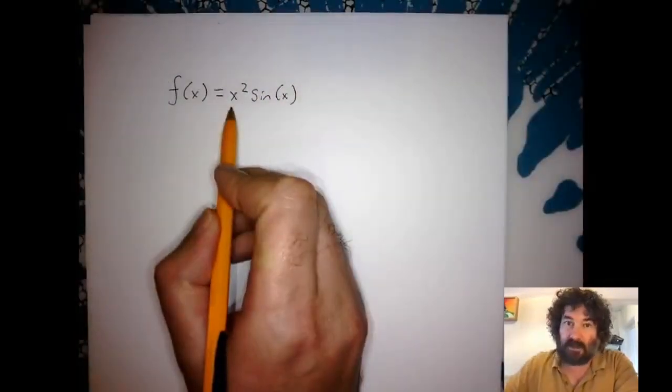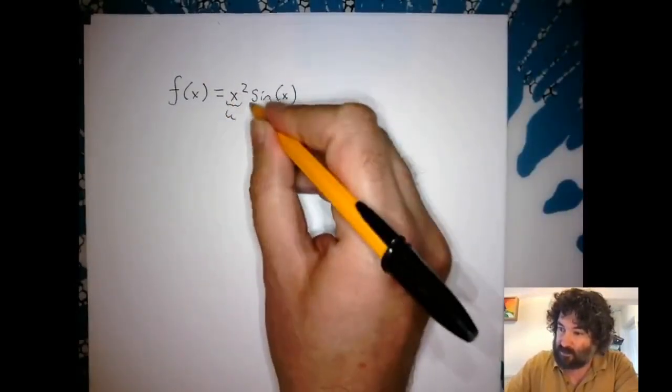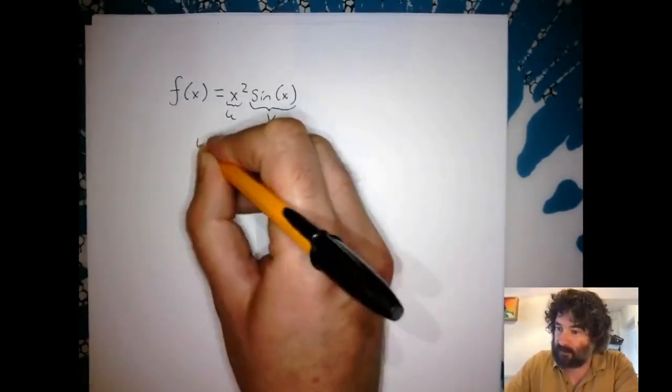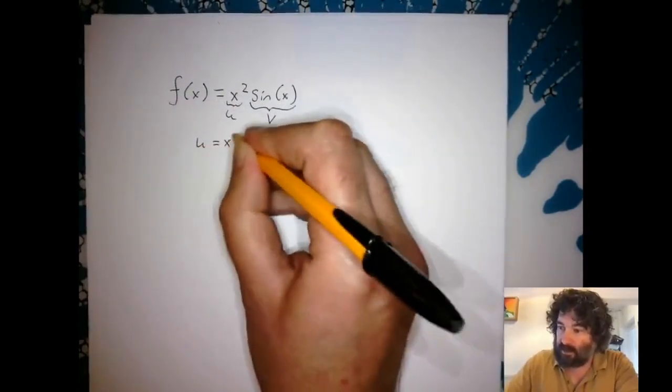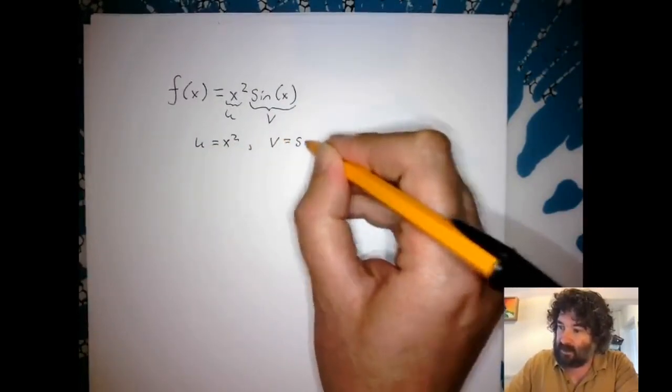And so the two functions which are forming the product here are x squared, which we'll call u, and sine x, which we'll call v. u is x squared, v is sine of x.